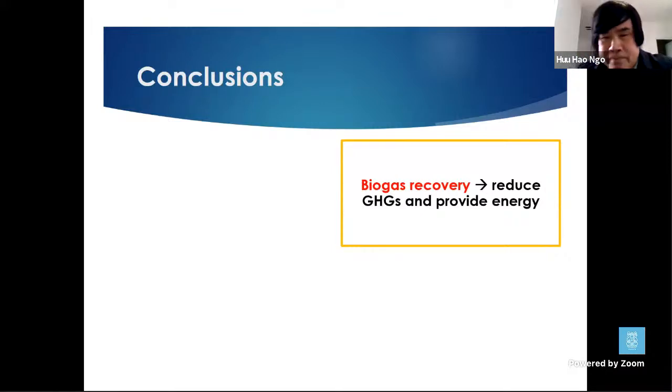All right. Biogas recovery reduces greenhouse gas emission and provides energy. That is the fact, because when we have biogas recovery, of course we reduce the greenhouse gas emission and provide energy, because we collect the biogas and yield bioenergy.